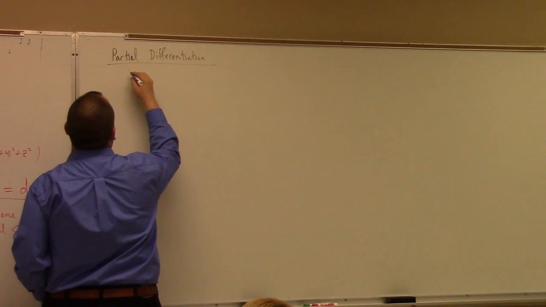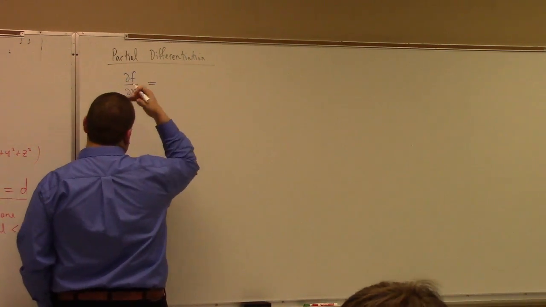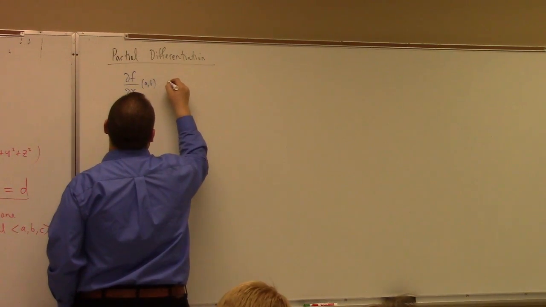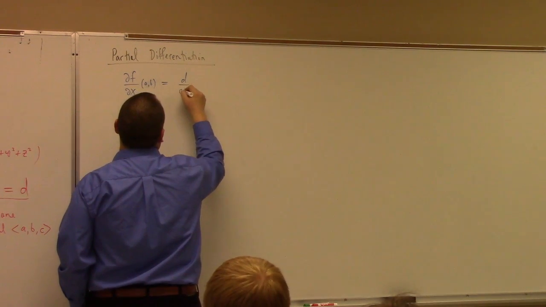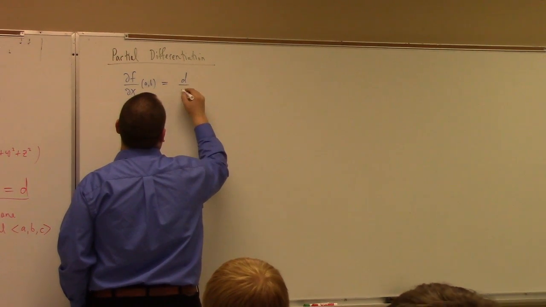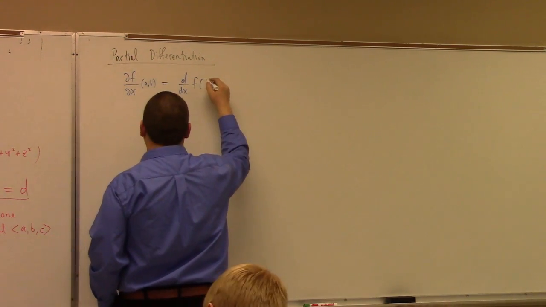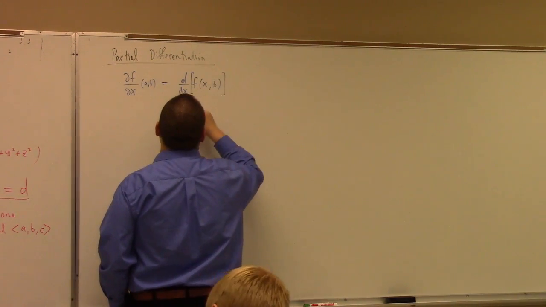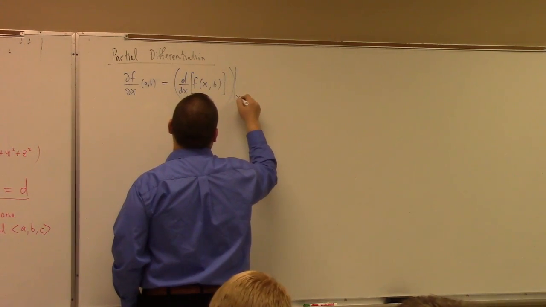If I have a function of two variables, partial f, partial x at the point a comma b is, by definition, you take the derivative with respect to x of f of x comma b, and after all that's done, you set x equal to a.